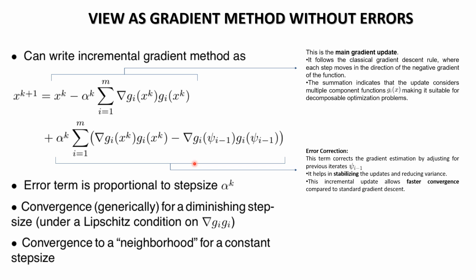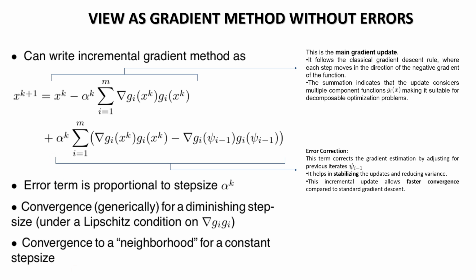The error term is proportional to the step size alpha_k, meaning a smaller step size leads to smaller errors. If alpha_k is too large, errors might accumulate and lead to instability.